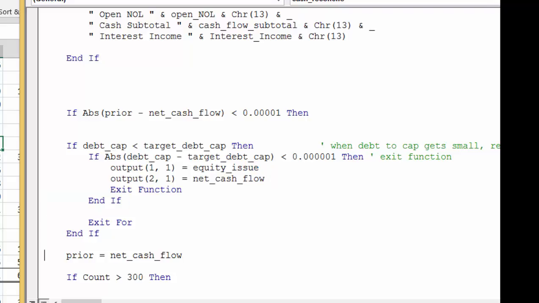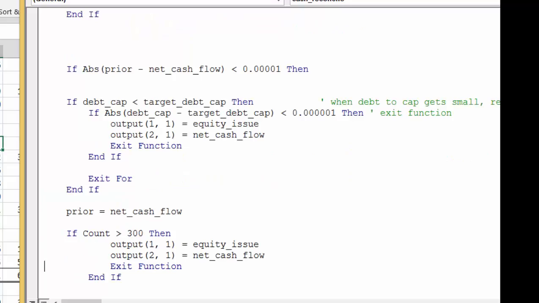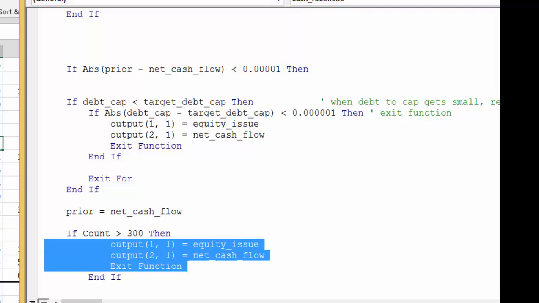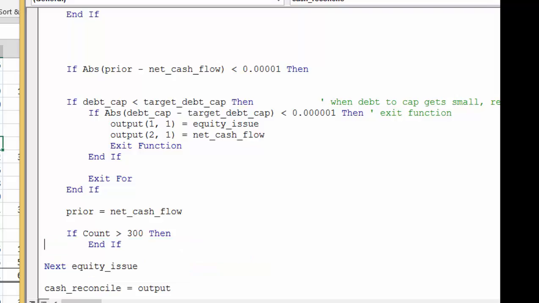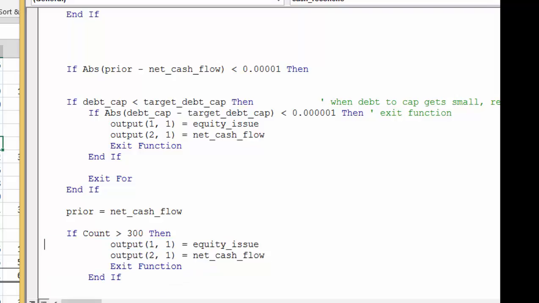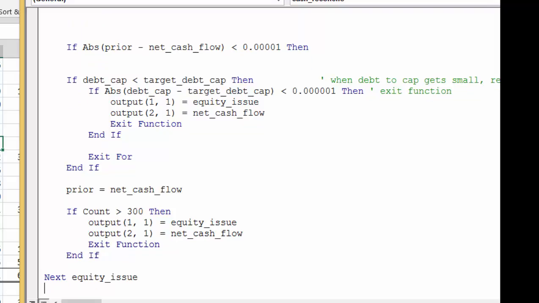Okay. And we didn't put the key thing in here.